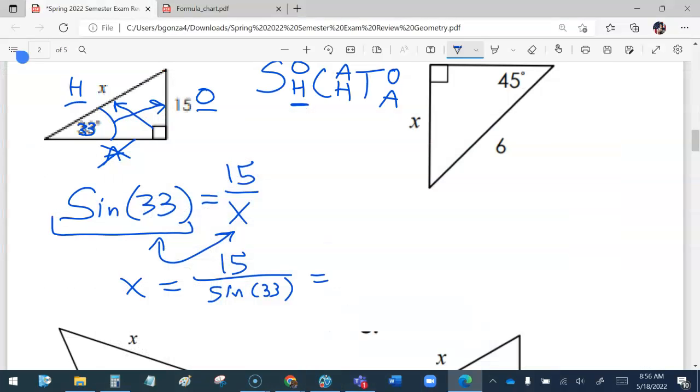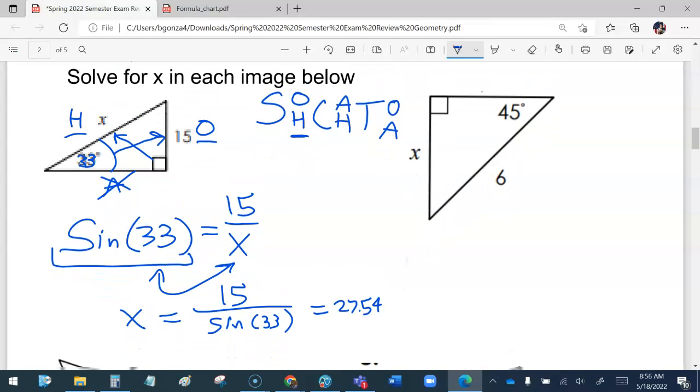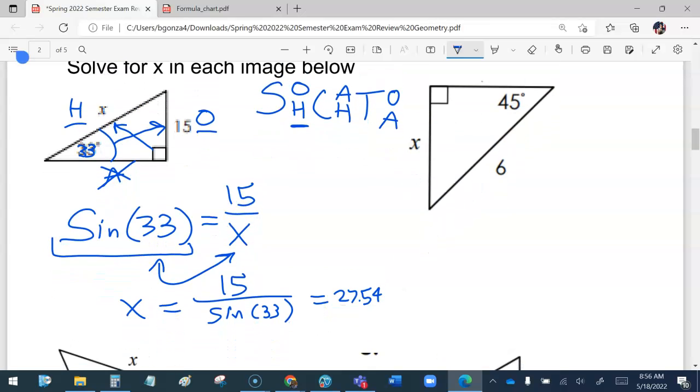That gives 27.54 units, whatever that is, for our missing x.